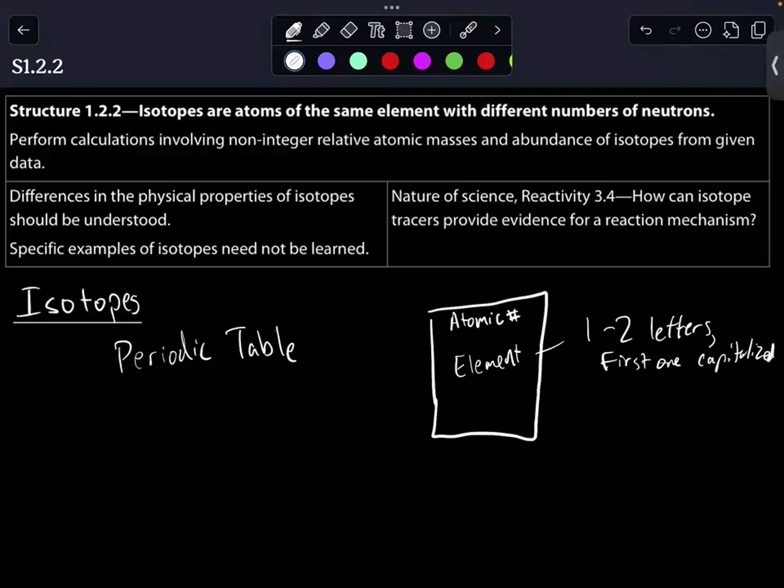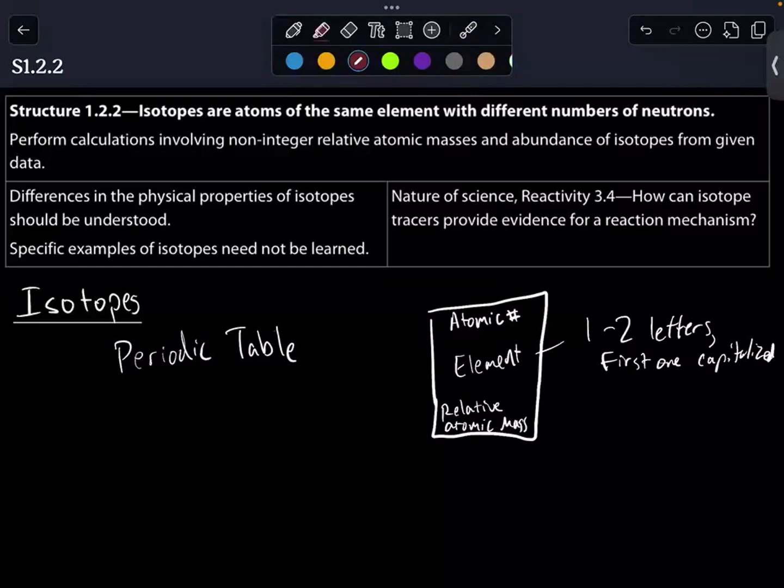And then lastly, we have this number at the bottom. That is our relative atomic mass. Now, the weird thing about the relative atomic mass is that it's pretty much always going to be a decimal, which is wild because where does it come from?